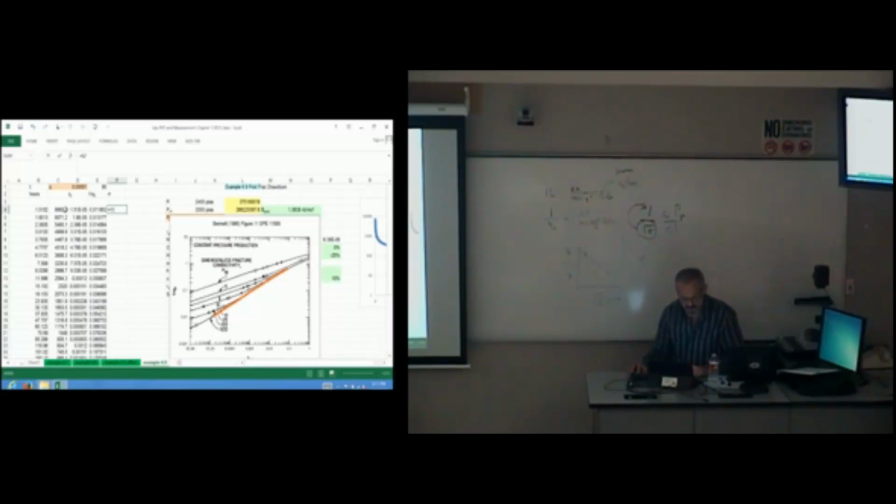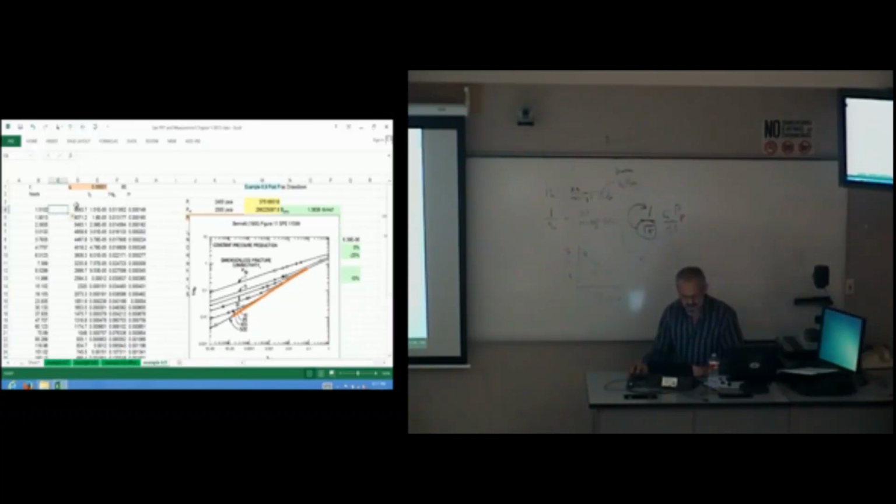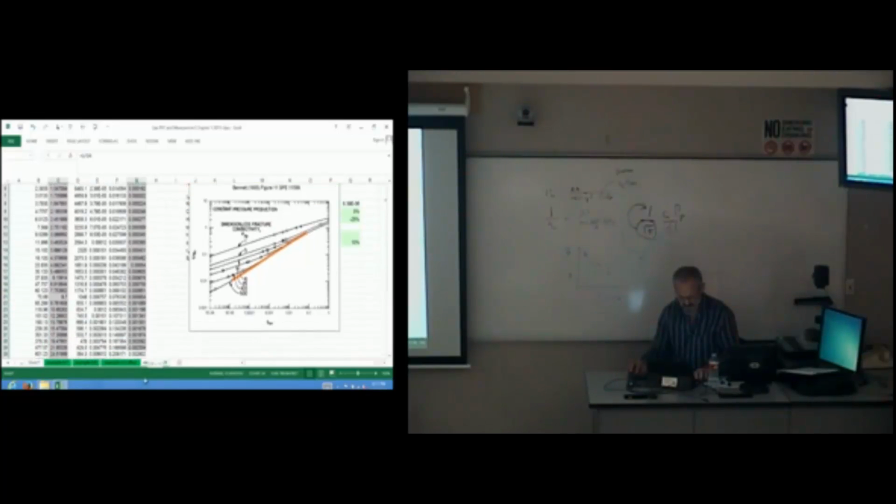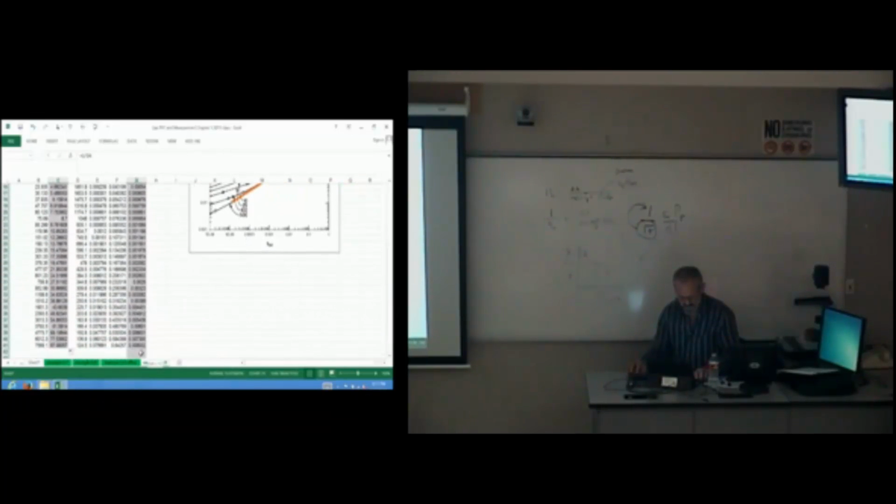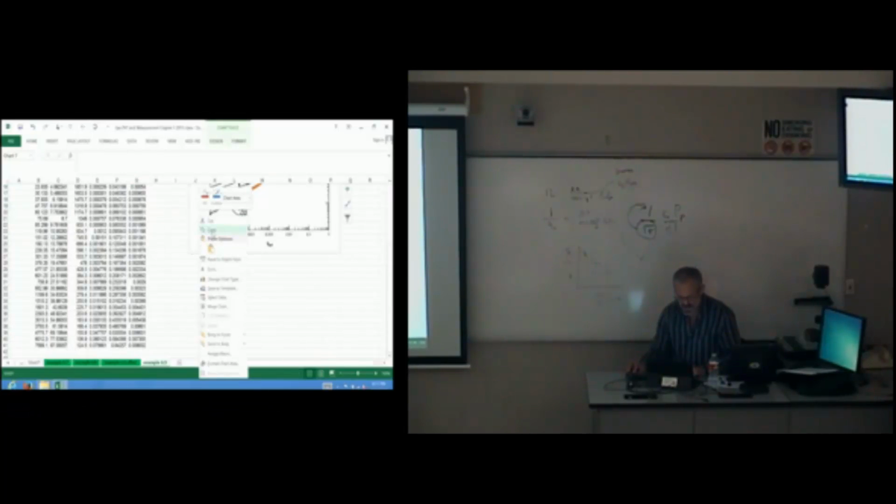My theory, and I've never done this before, my theory is I can plot reciprocal rate versus the square root of time. And I'm going to generate a specialized plot.